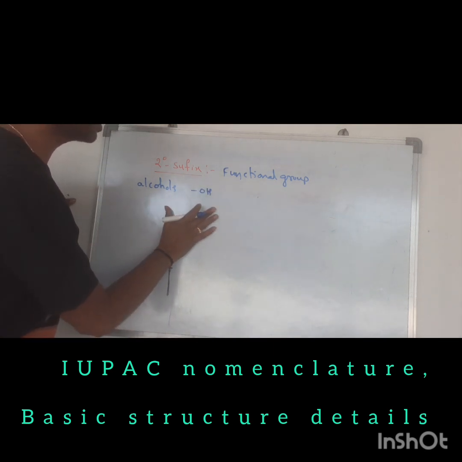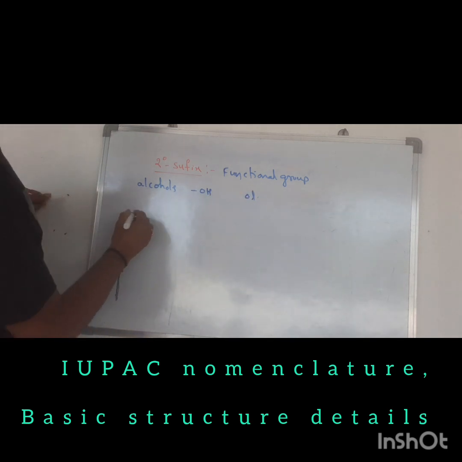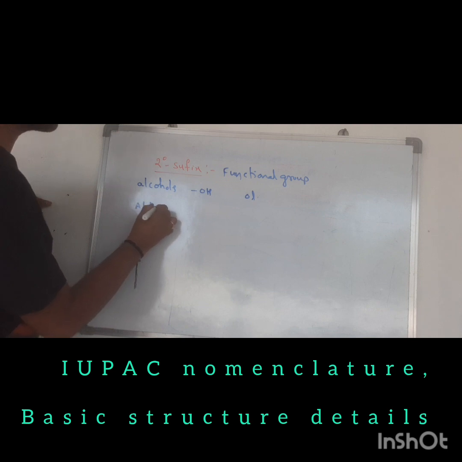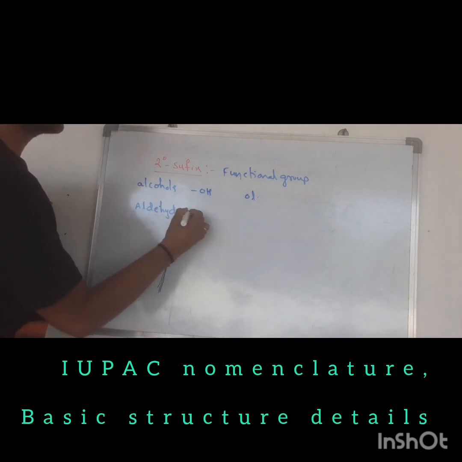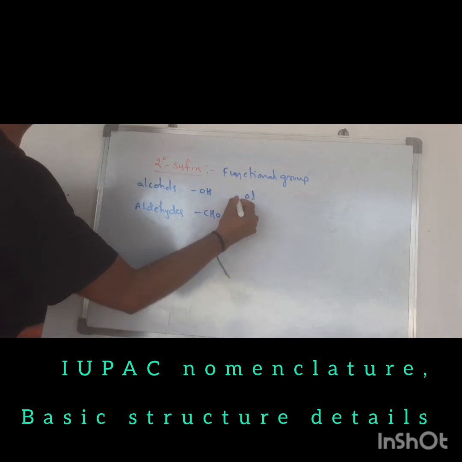If OH is present, according to IUPAC, we use ol. Just remember OH, ol. If aldehydes are present in the given compound, aldehyde means CHO, a double bond to O and an H, simply written as CHO. We have to use the word al.